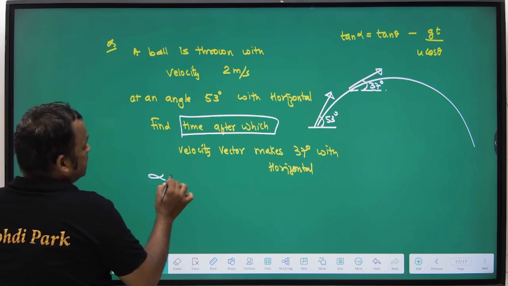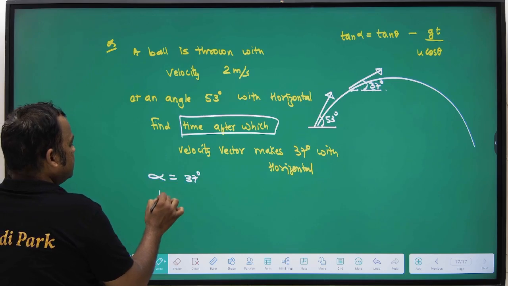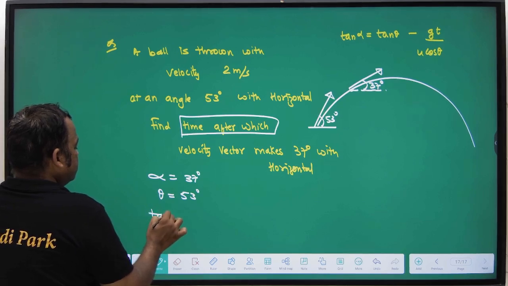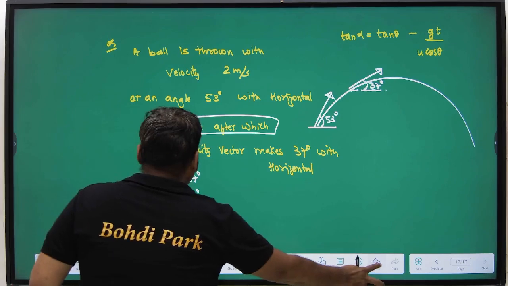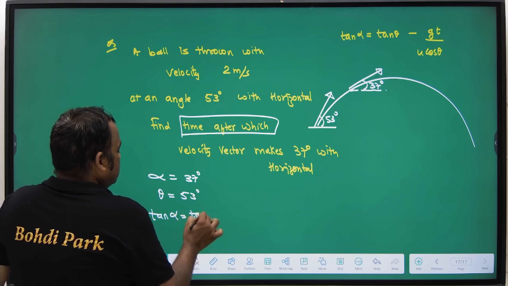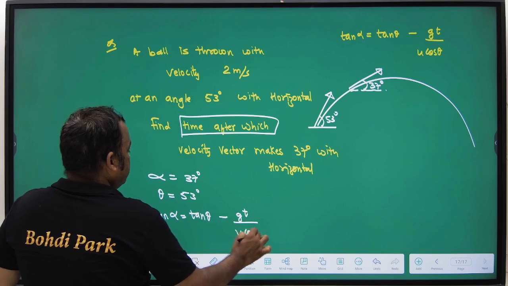So in this question, alpha is given as 37 degree, theta is given as 53 degree. So we will use the formula tan alpha is equal to tan theta minus gt by u cos theta.